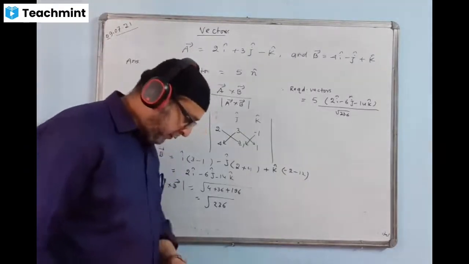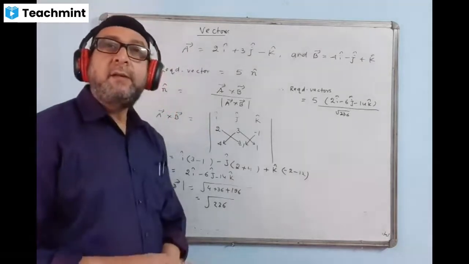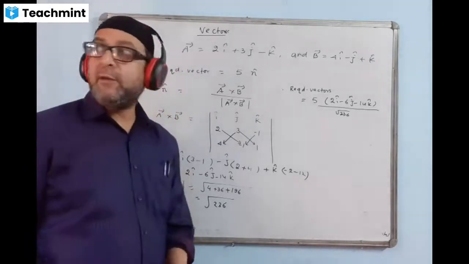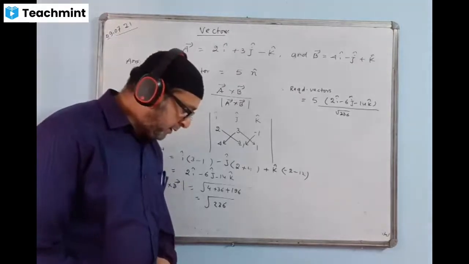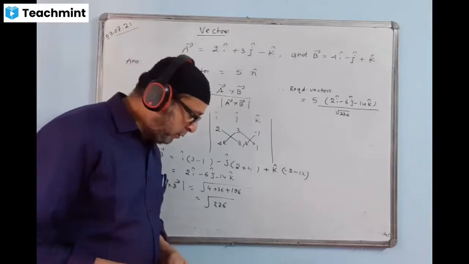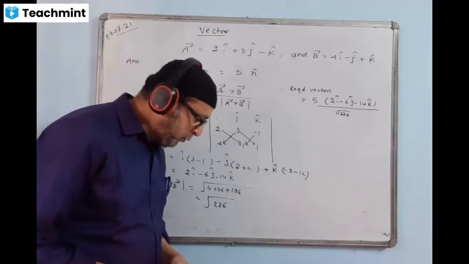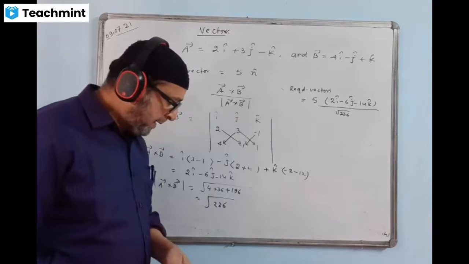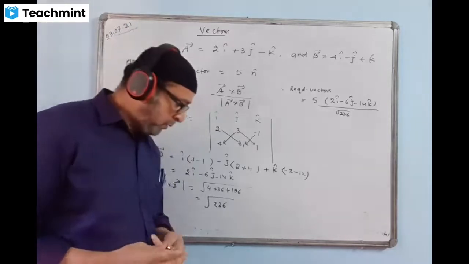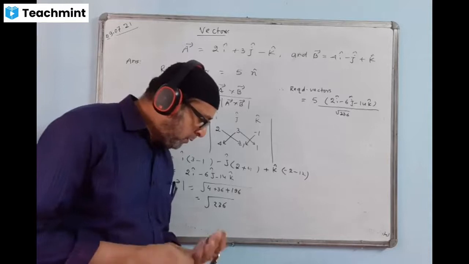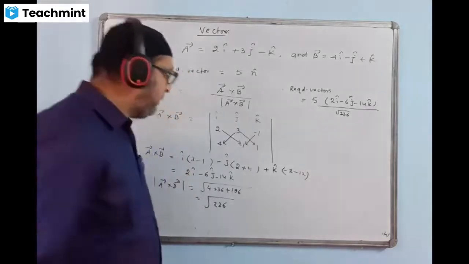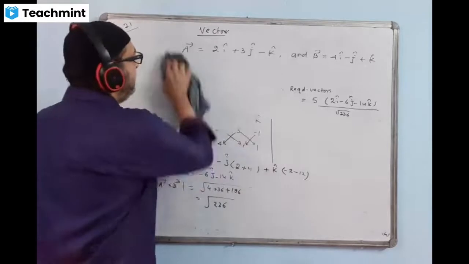The resultant of two vectors u and v is perpendicular to the vector u, and its magnitude is equal to half the magnitude of vector v.